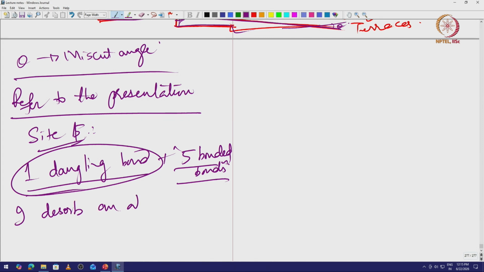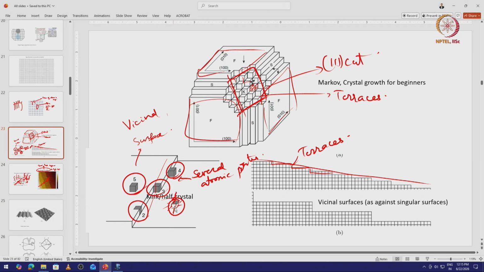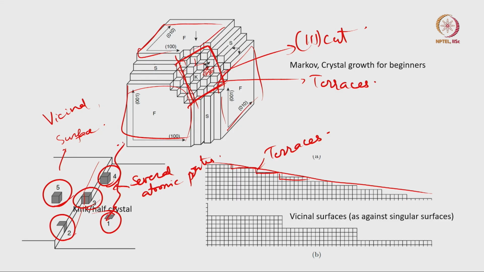an atom from site 1. When I desorb an atom from site 1, I am plucking out an atom, right. This atom, which is colored here, goes and joins the environment.